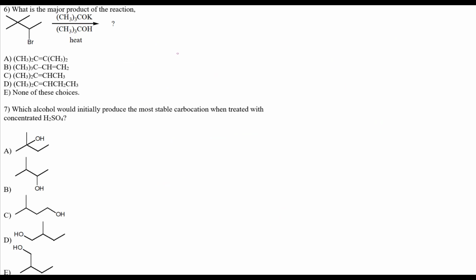Okay, so what happens when we have, I don't know what that is, obviously. What happens if we have this guy with a solvent? So I believe that's propanol, right? I'm not even going to try to name that. But what would we do? Well, first of all, we have potassium, so it's strong.